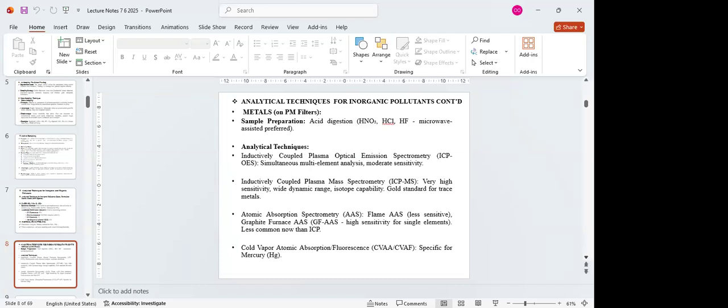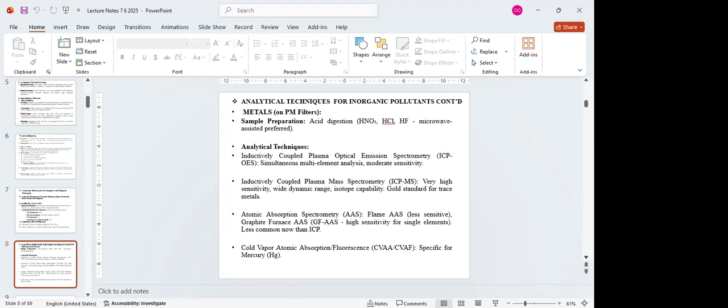You just put in your raw sample, your crude sample, and ICP-OES analyzes it and brings out all the information related to every element that is present in that crude sample. However, it is moderately sensitive, but at least it gives an idea of what is contained in your crude sample.